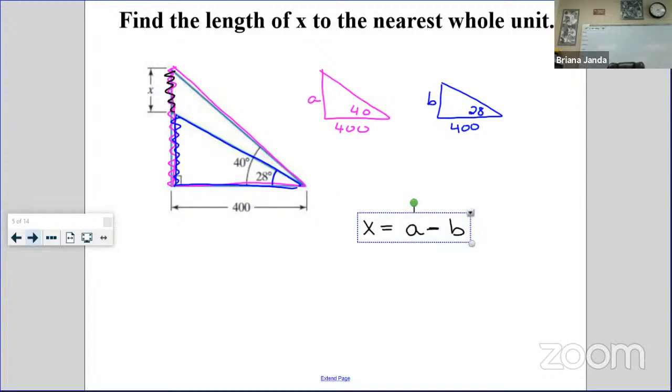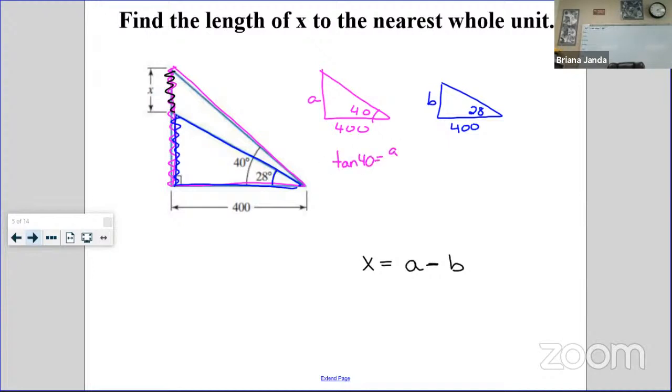So setting up my equations to solve for A and B, we consider where our angle is and where our sides are in relationship to that. A is opposite, 400 is adjacent, so we're going to use tangent again. Type that into my calculator, and we find that length to be 335.6.